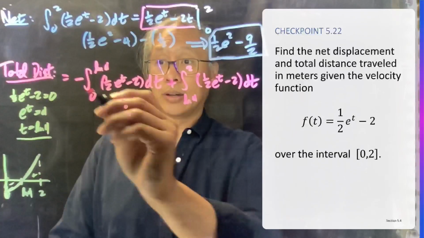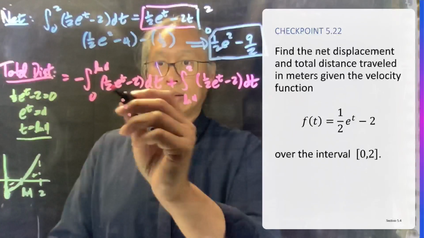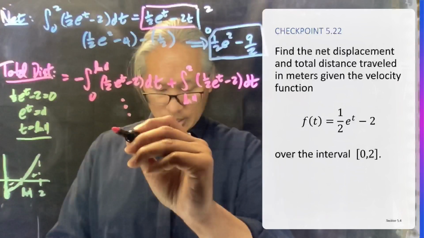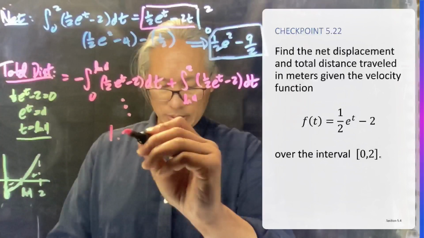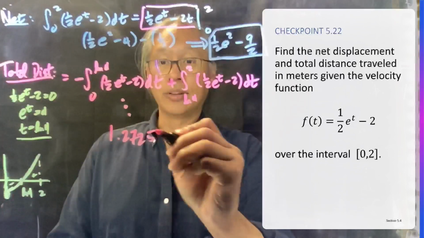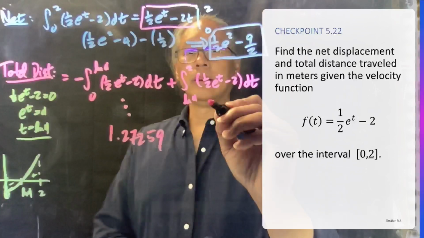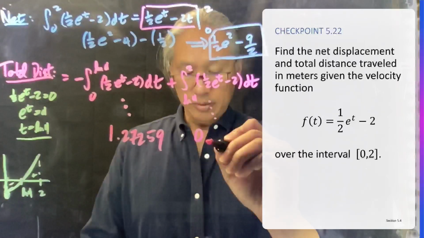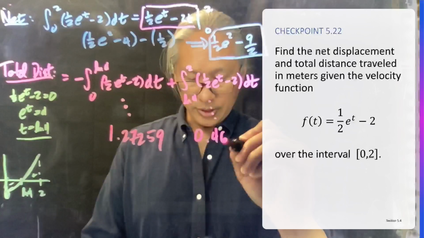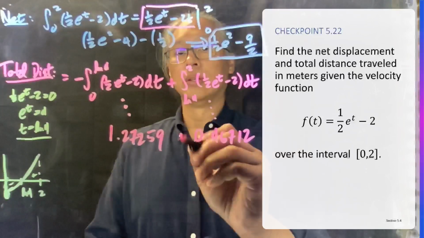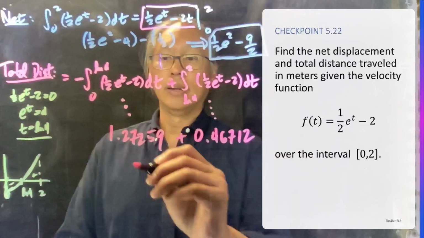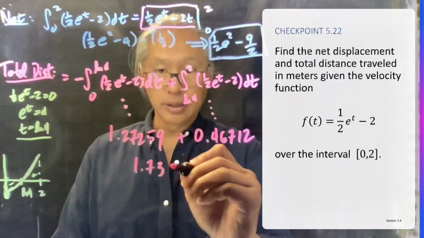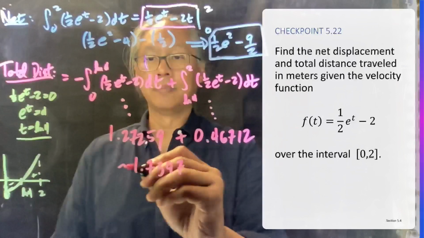So the value here with a negative, and then the integral itself is negative, so it ended up being positive, and that would be 1.27259. And the antiderivative here, after you do the evaluations, would be 0.46712. And so we would add that and get the final result to be approximately 1.7397.